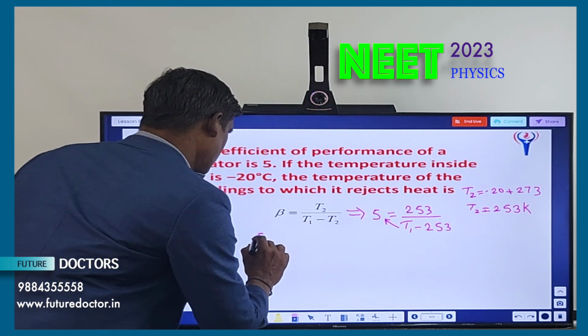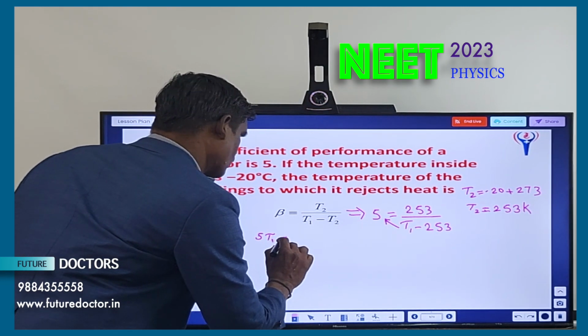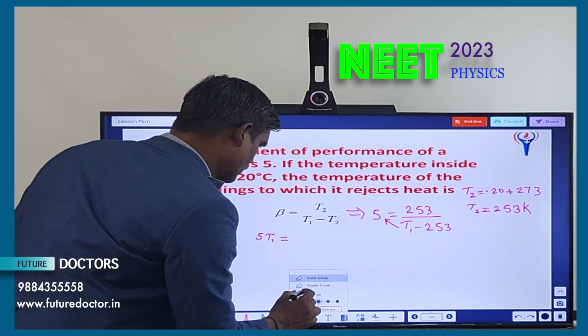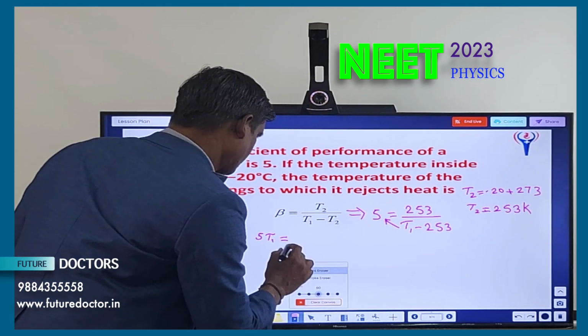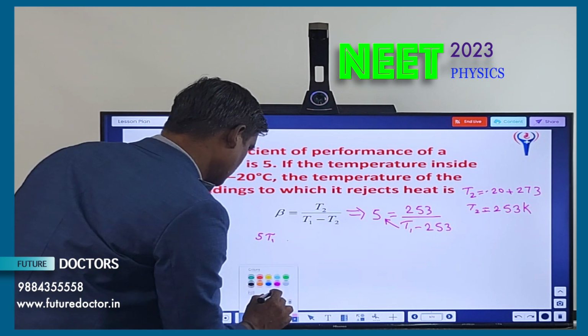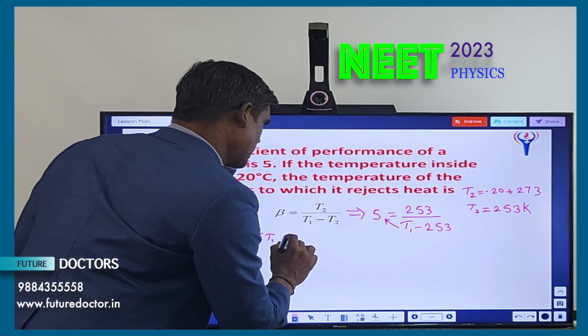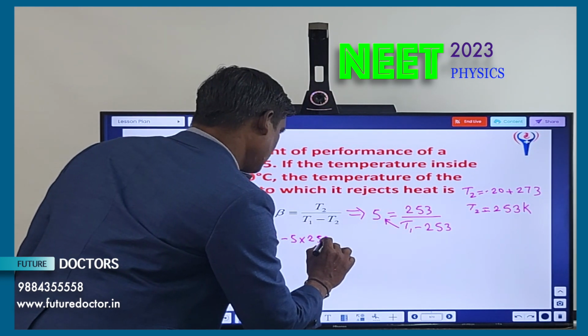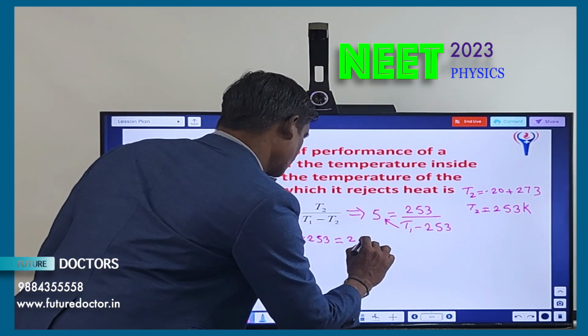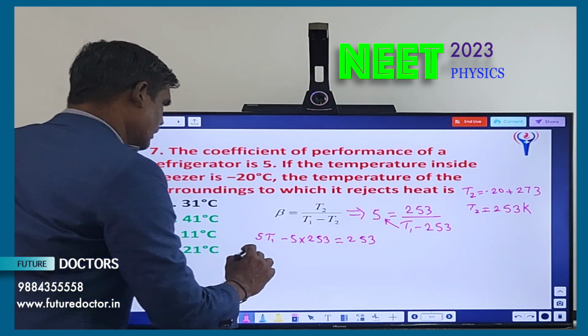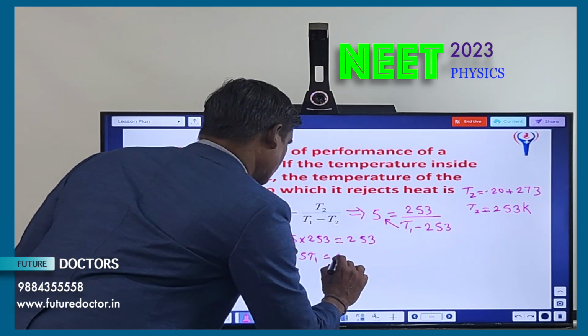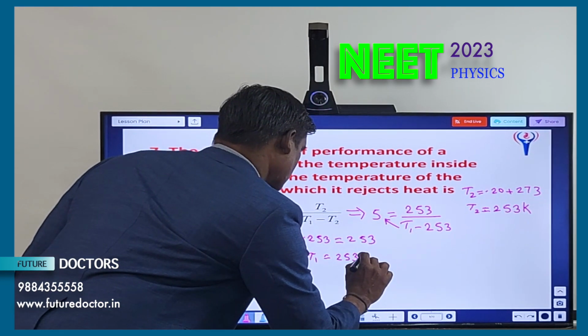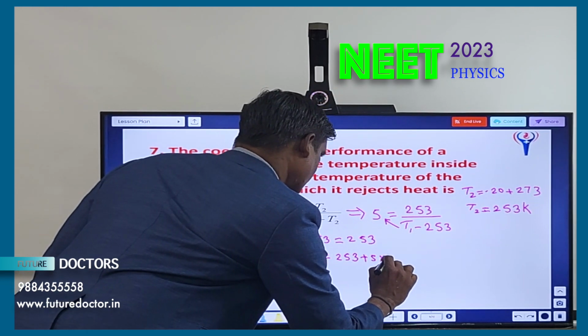Then 5 into T1 minus 5 into 253 equal to 253. Then 5T1 equal to 253 plus 5 into 253.